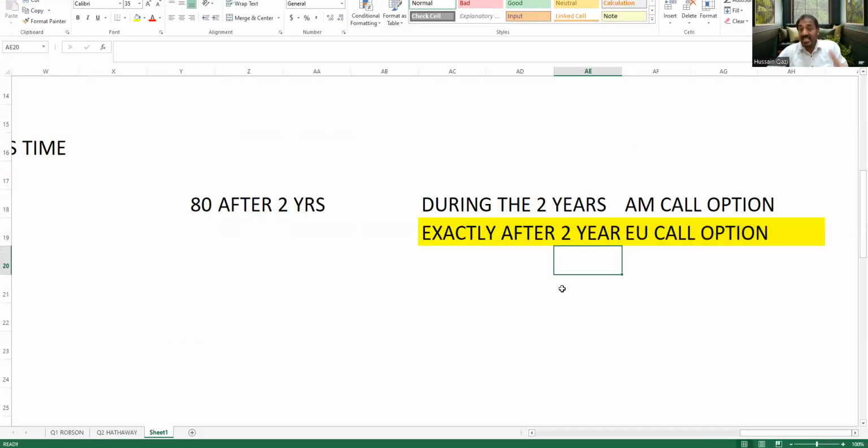We can say that there is a limitation. If a question mentions exercising the options during 2 years, you will mention it with the question. There is an assumption that we have to exercise the option at the end of the 2 years, and the calculation is based on this.